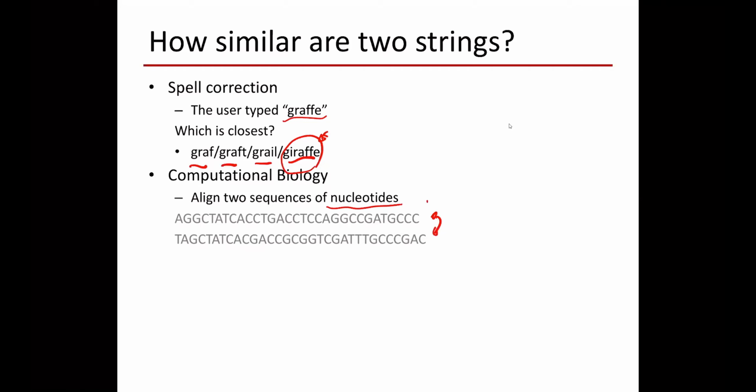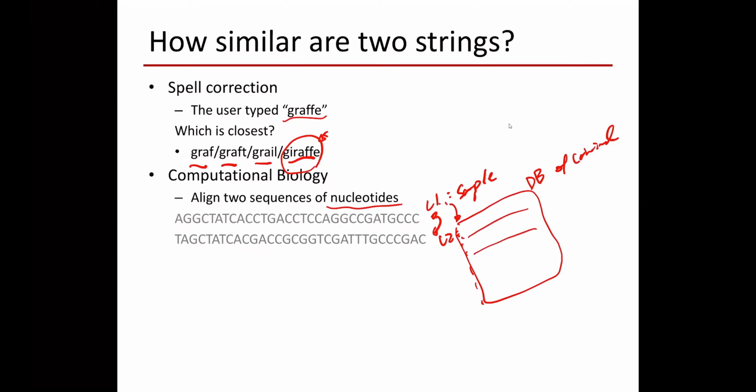Then you have L1 and L2. L1 is our sample, and L2 is the many records in the database of criminals. So you have to run through L1 and L2. Then you'll find the closest pattern.